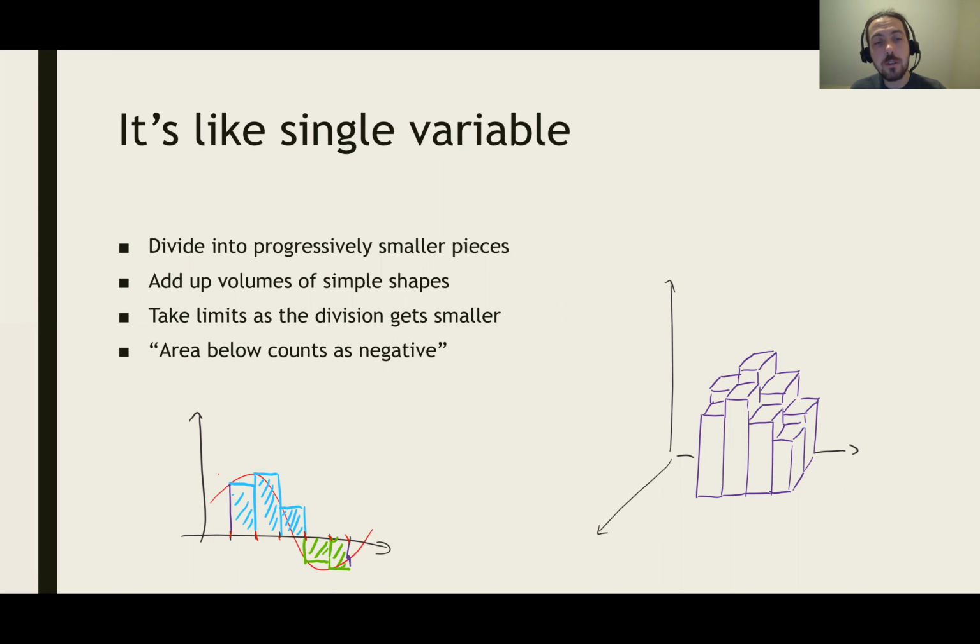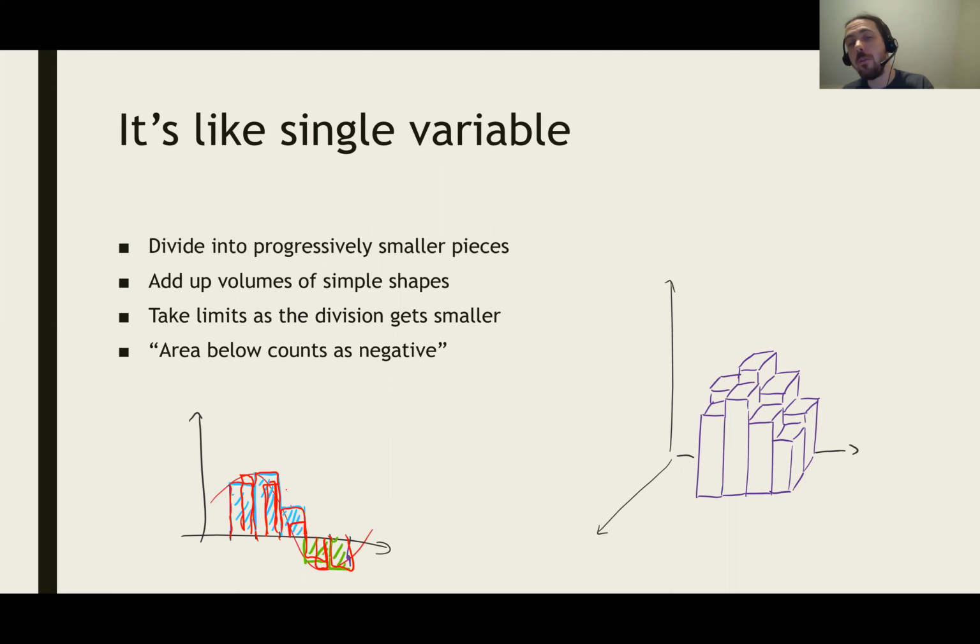Over each of those spaces, we saw how high the graph was, say at one end, and that gave us a little rectangle. We did that for all of those little areas, calculated the total area of those rectangles and added them up. And then we just keep doing that, but let the size that we're dividing into get smaller and smaller, and took a limit. So that's the so-called Riemann integral when we are doing functions of a single variable.